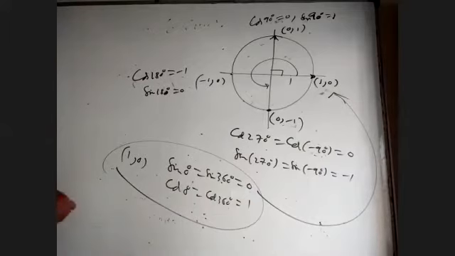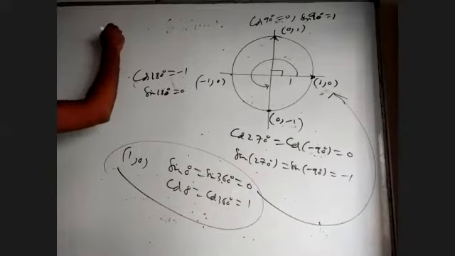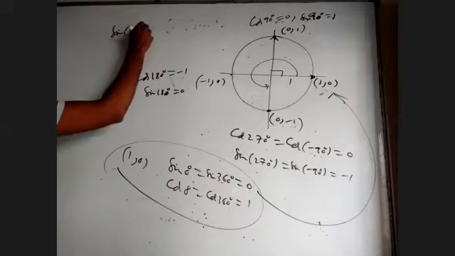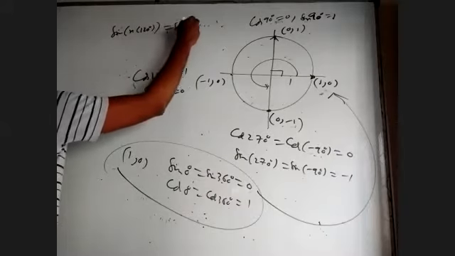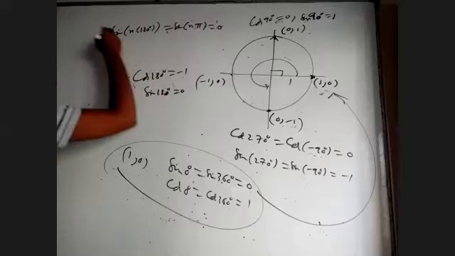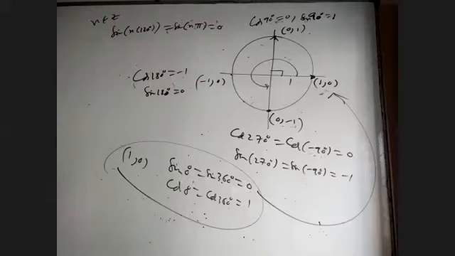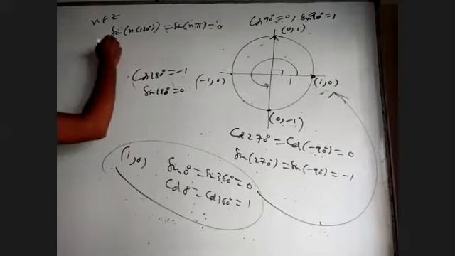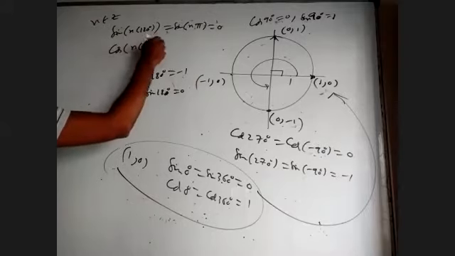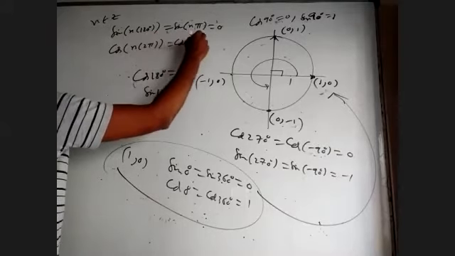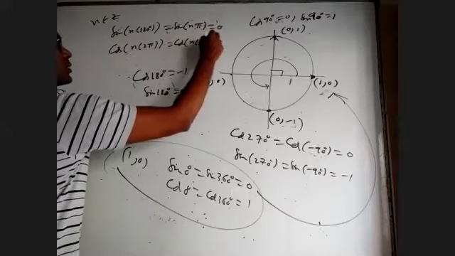So with observing all these things, we can conclude sine n times 180 degrees, any multiple of 180, or sine n pi is 0, where n belongs to Z, an integer. And regarding cos n times 2 pi or cos n times 360 is equal to 1.